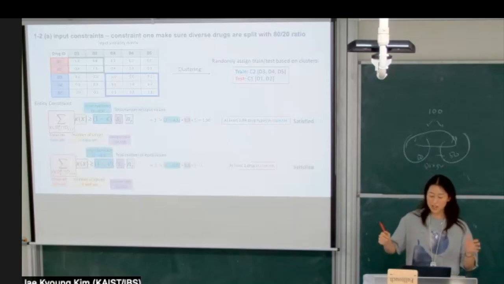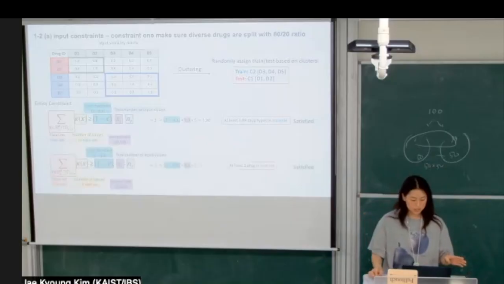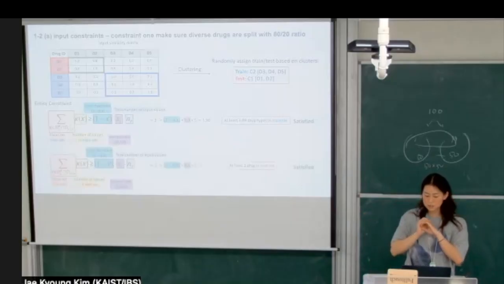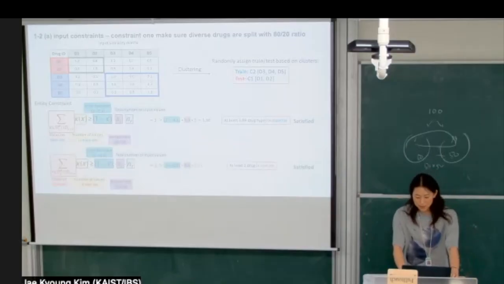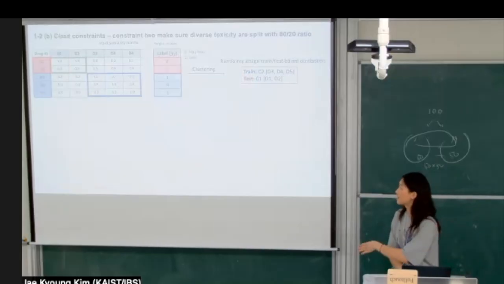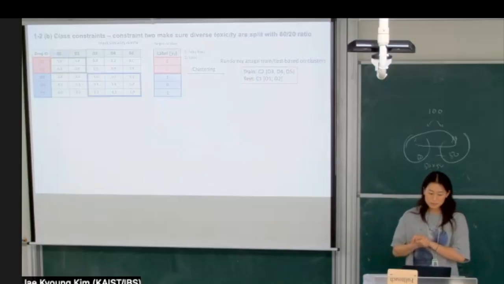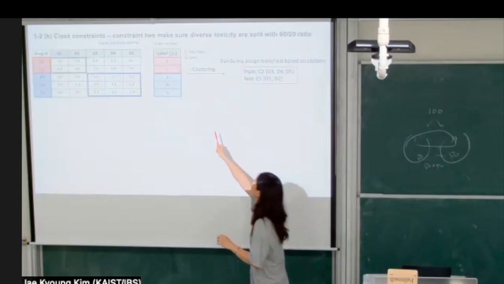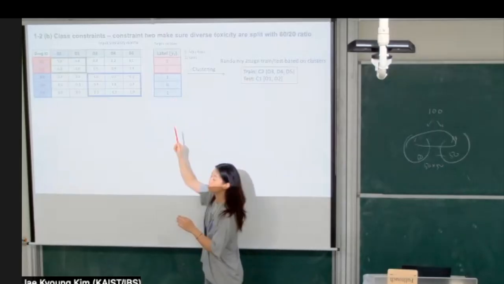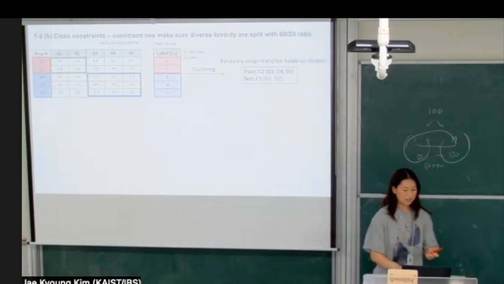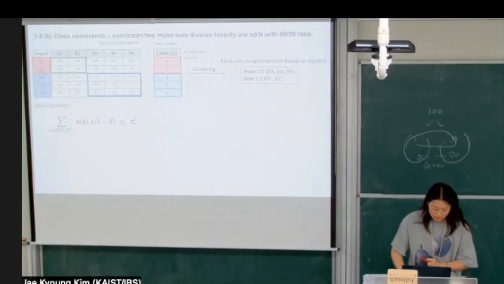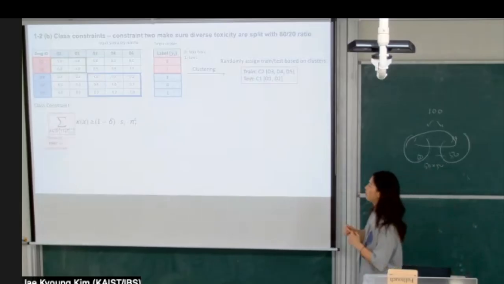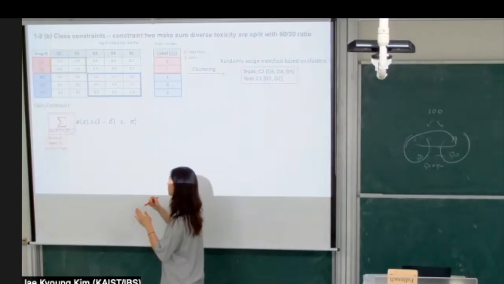So we just calculated the information leakage, and then we made sure that the drugs are split into 80 and 20%. And DataSAIL includes another constraint, and this is where the class comes in, the target variables. So now we want to focus on the target variables: whether the drug is toxic or not toxic. With the class constraint, we want to focus on the toxic ones that are in the train and test set.